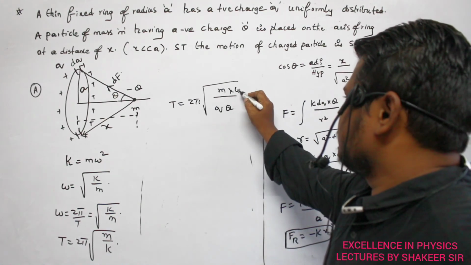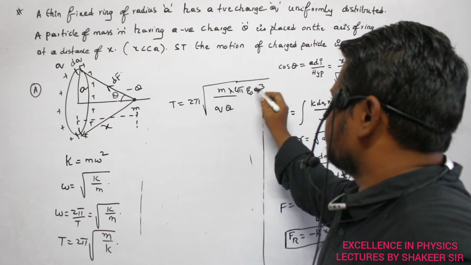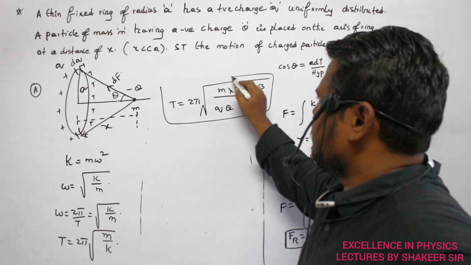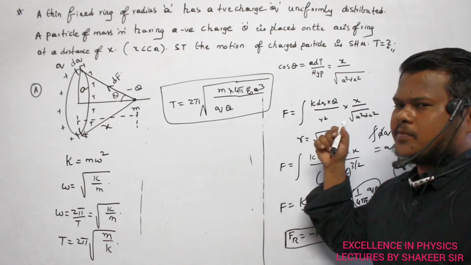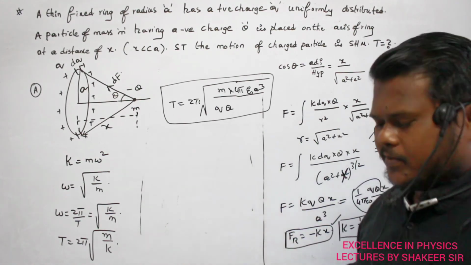Then I can write 4 pi epsilon naught into a cube. This is our answer. So this is our equation for the time period of oscillation of this negative charge. In this time, it will complete one oscillation. That is the meaning of this. Okay? Make a note up to here.